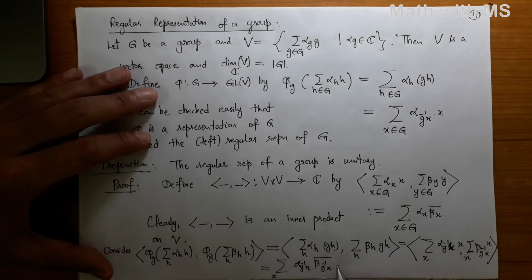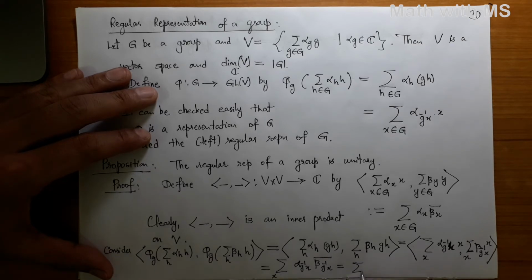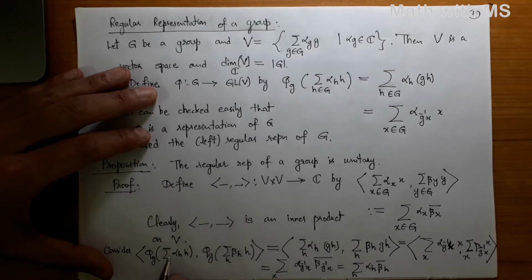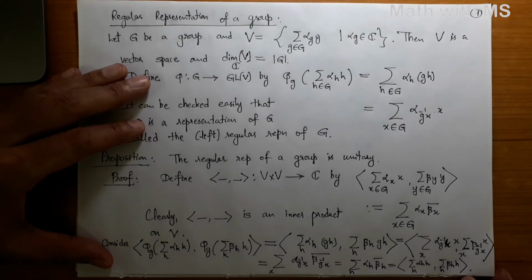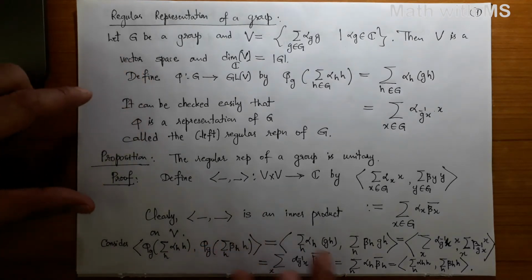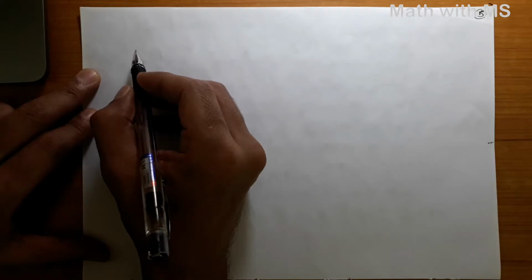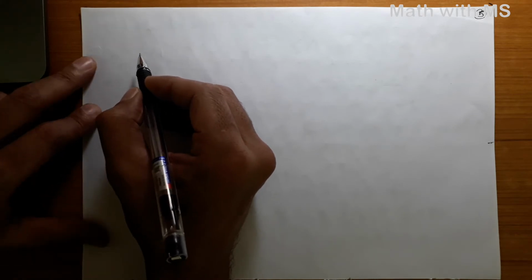After doing some appropriate change of variable, you can in fact show that this is the same as the sum of α_h β_h bar, which is just the same as the inner product of these two vectors, Σ α_h h and Σ β_h h. So checking that the regular representation is unitary is just straightforward. Let's find out the character of the regular representation.